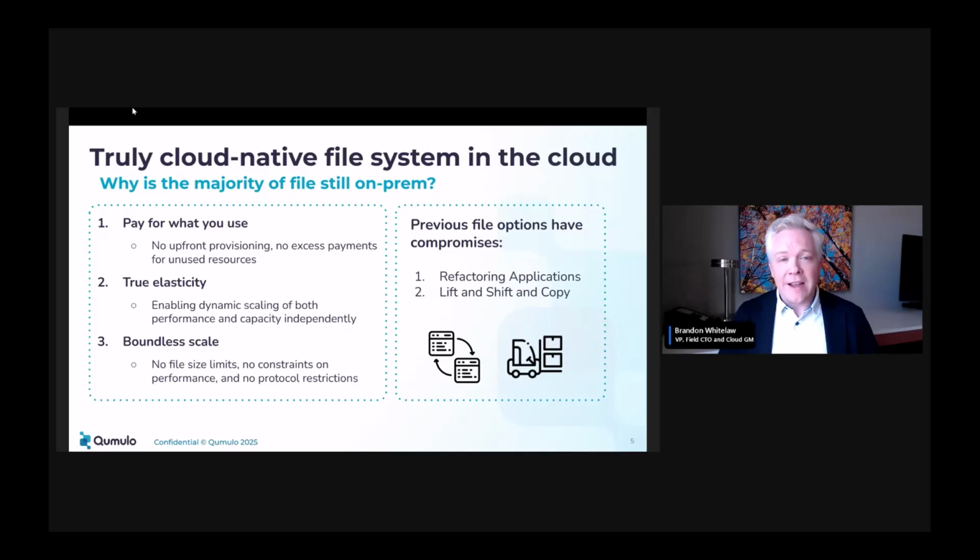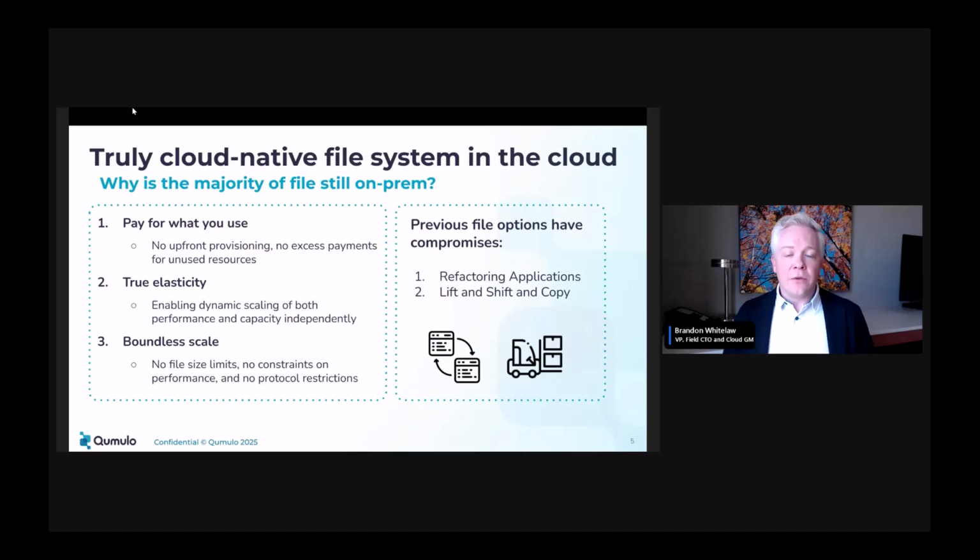And then truly boundless scale, being able to have something that reflects the underlying primitive like S3, where you have, in our case, with Qumulo on top of it, really no file size limitation, no file count limitation, no performance limitation, and really no protocol restrictions.